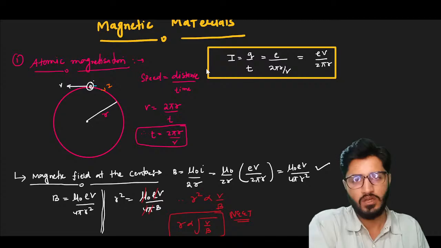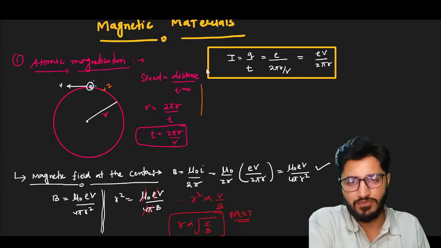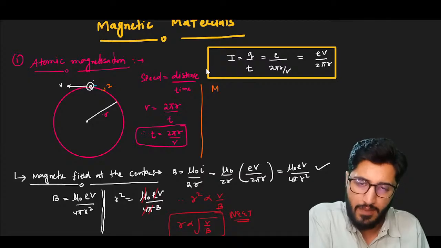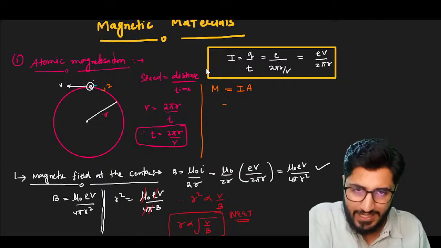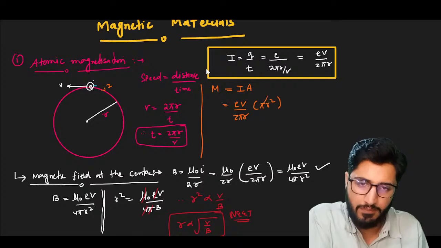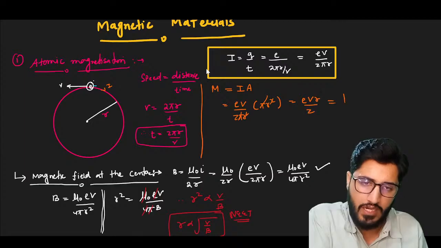In the same slide, what is magnetic moment? M is current into area. What is current? eV divided by 2 pi R. What is area? pi R square. Pi cancels out, R cancels out, so it is eVR by 2, or you can write 1 by 2 eVR.